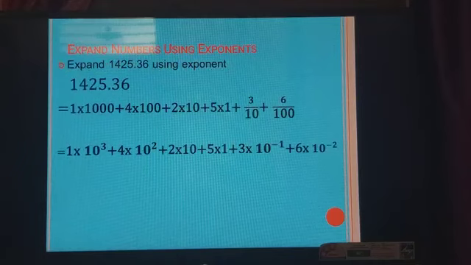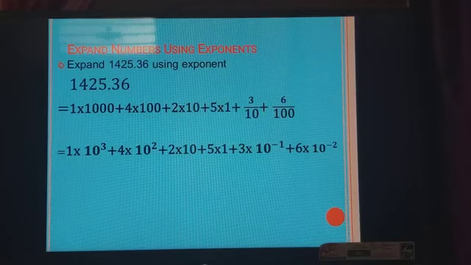From this concept we can expand a decimal number in exponential form. Write this: 1425.36, expanded in the exponential form, is in front of all of you.